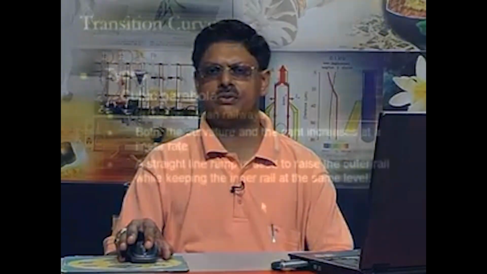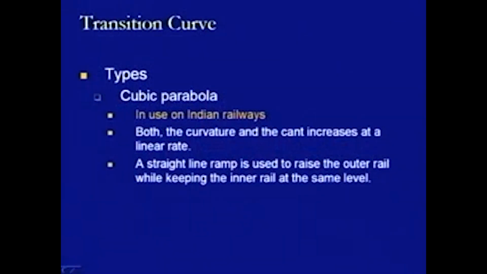Further, we have the cubic parabola. This cubic parabola is mostly in use on Indian railways. Both the curvature and the cant increase at a linear rate, and that is one of the requirements of the transition curve, and the straight line ramp is used to raise the outer rail while keeping the inner rail at the same level.